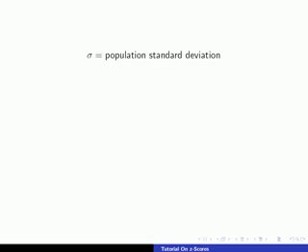So the third symbol we have in our formula is sigma, and this denotes the population standard deviation. Again, this would be suitable to use if we had surveyed everybody and found the standard deviation of our data. When we've only surveyed a sample of the population, we use S to denote the standard deviation of the sample.